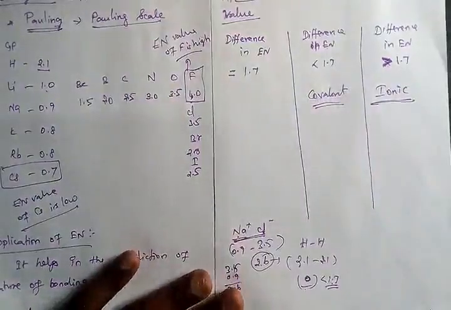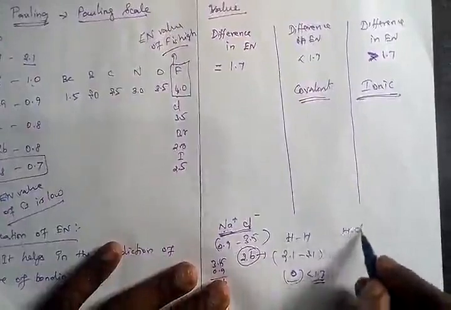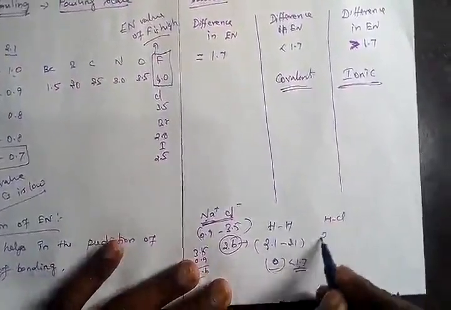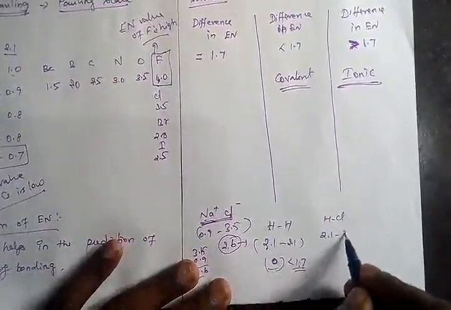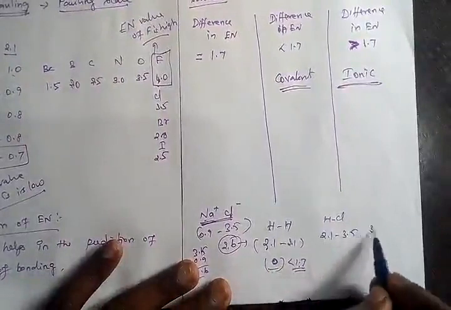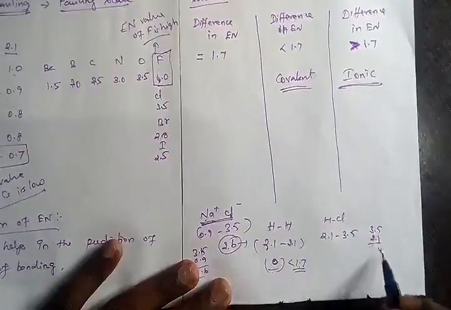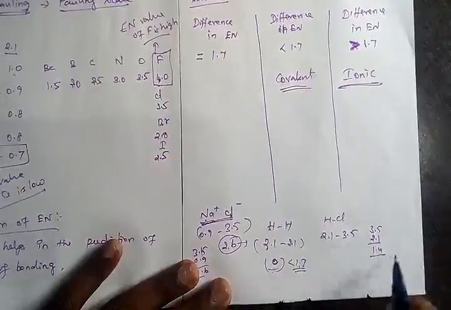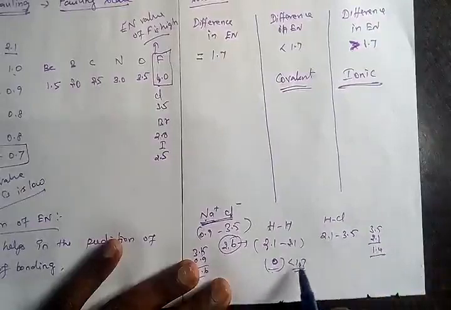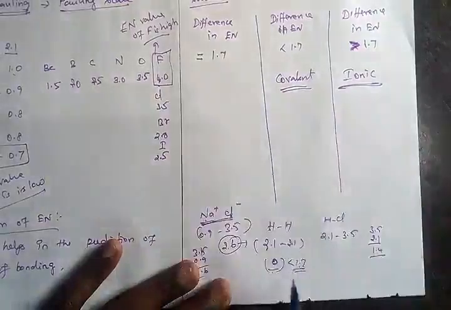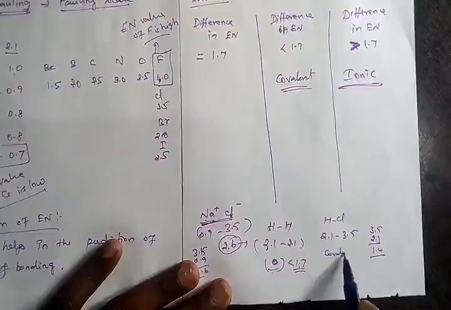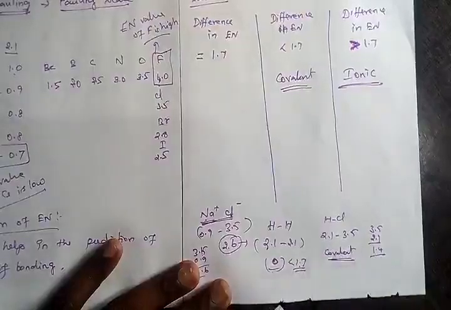Right? Now let us go for hydrogen chloride. Hydrogen is 2.1, chlorine is 3.5. So 3.5 minus 2.1 is 1.4, which is again less than 1.7. So it is again covalent. See how easy it is.